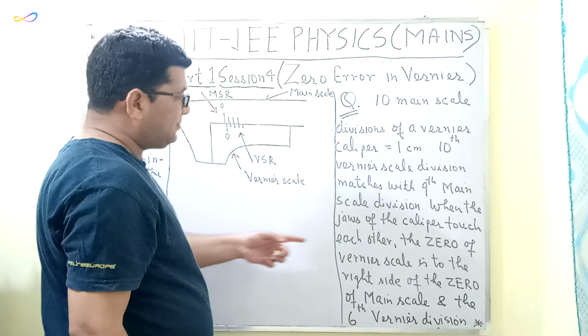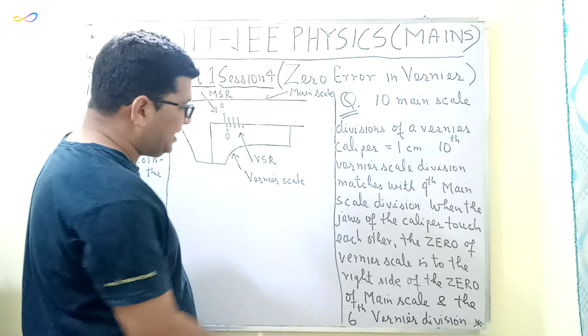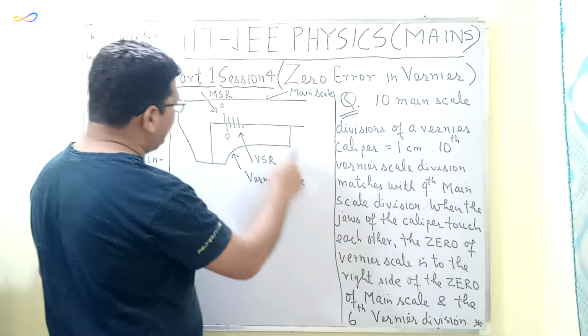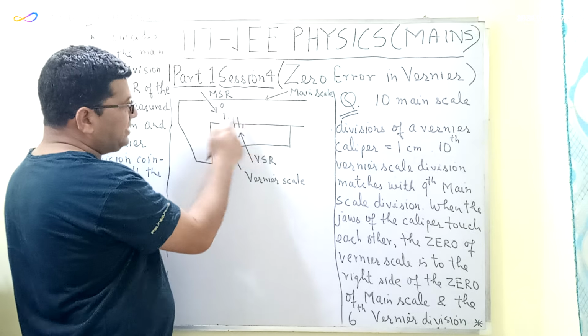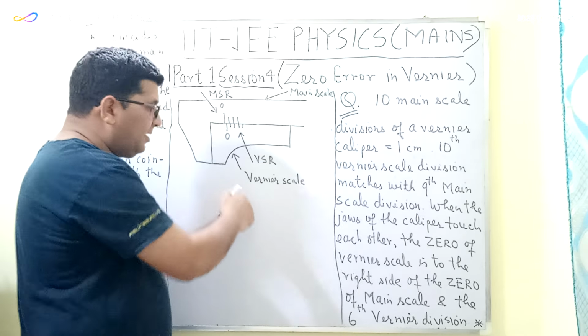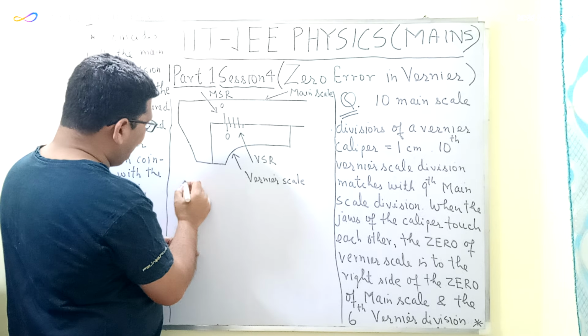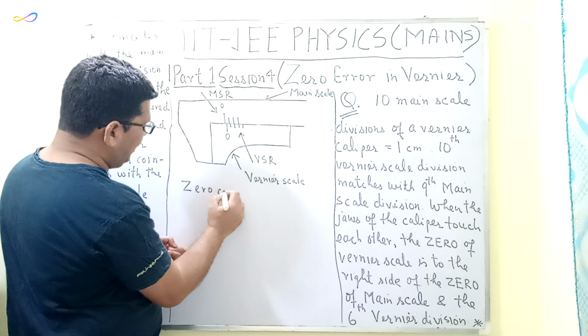So in this case, when the jaws of the caliper touch each other, the zero of the vernier scale is on the right side of the zero of the main scale. So this is a positive zero error, and here negative zero correction will be applied.